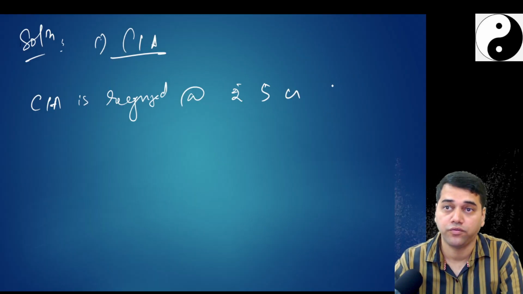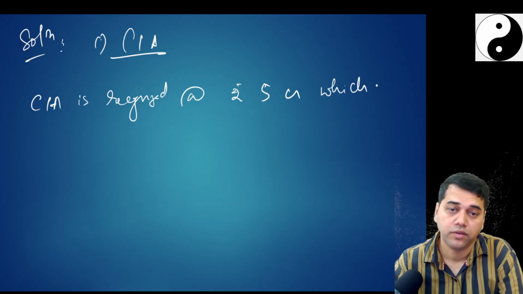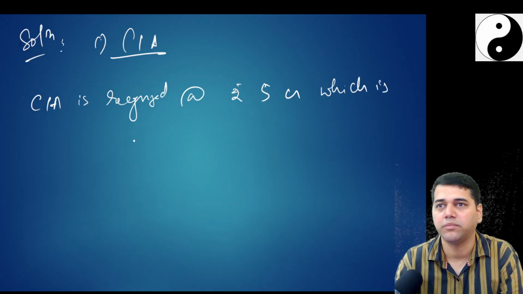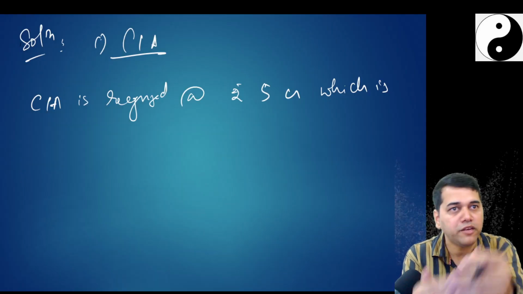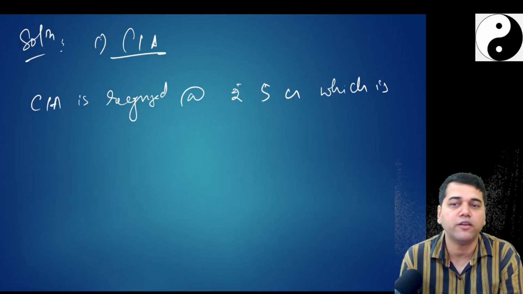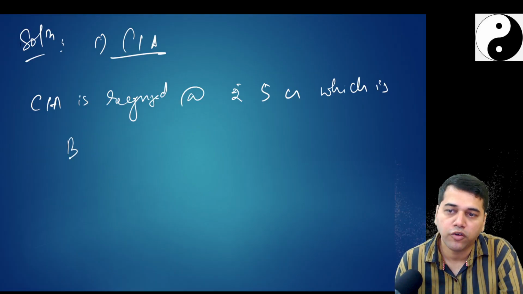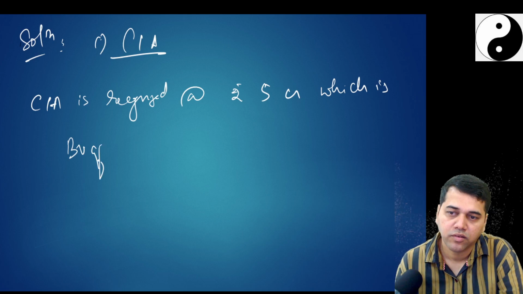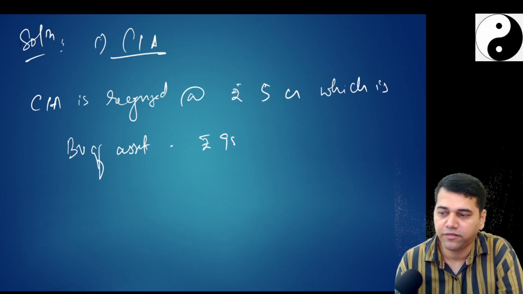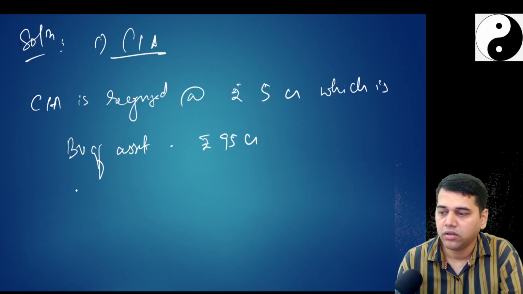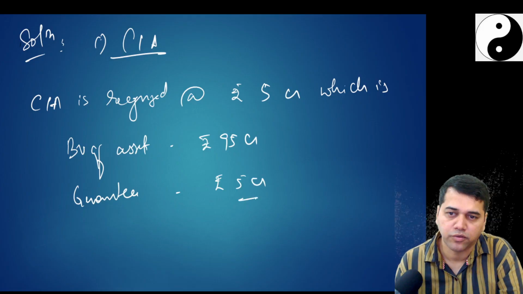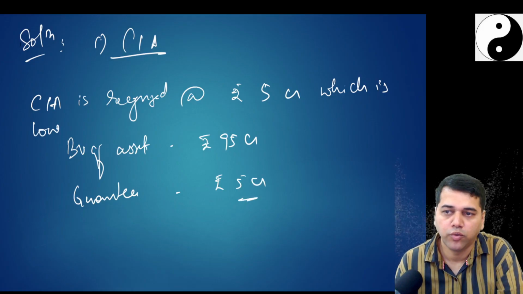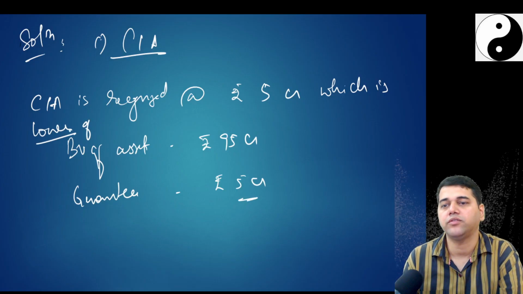Sorry, not higher of, lower of, which makes sense, because my asset is up to book value or my involvement. How much is my involvement? 5. Going forward, I don't. So, book value of the asset, which is rupees 95 crore, or guarantee, which is rupees 5 crore. So you have to write which is lower of.